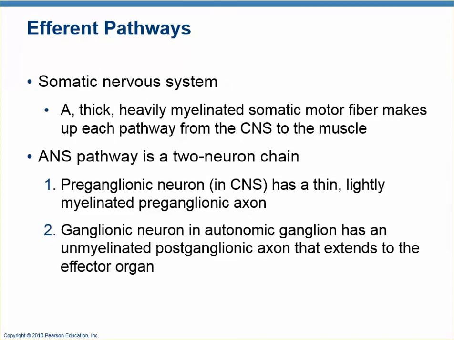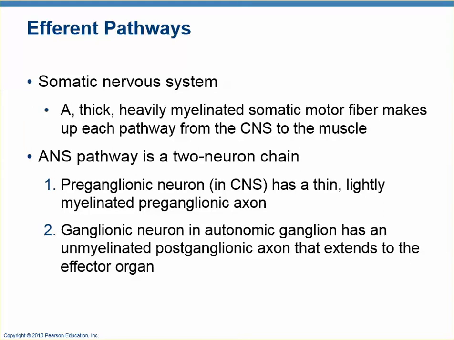Okay, the somatic neurons are heavily myelinated. The speed of conduction is very quick. In the autonomic nervous system, the preganglionic neuron is lightly myelinated, but it is myelinated.